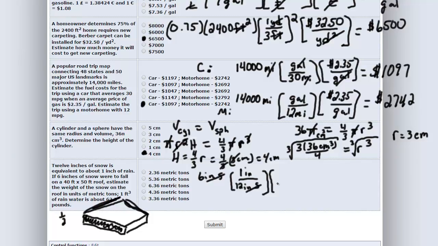And so we have 12 inches in 1 foot. So now we have the feet of rain. This is the feet of the thickness of the rain. And so now we have to multiply that by the width and the height. So we have 40 feet. And we multiply that by 50 feet.